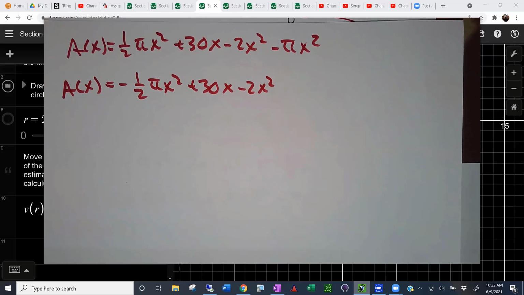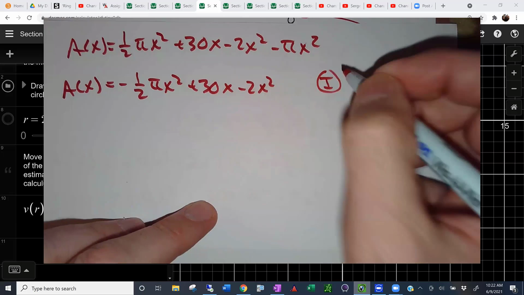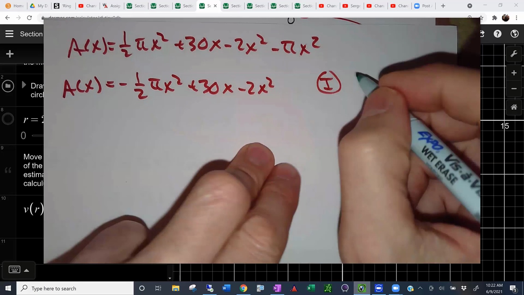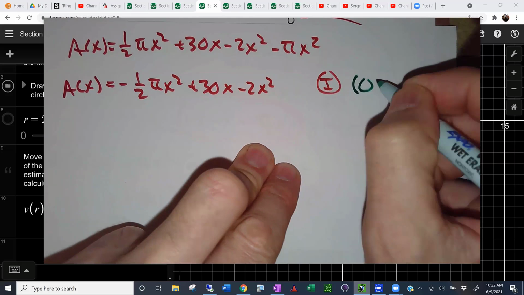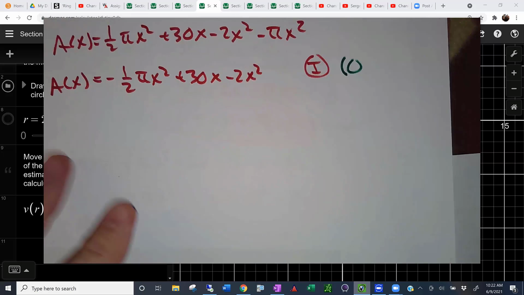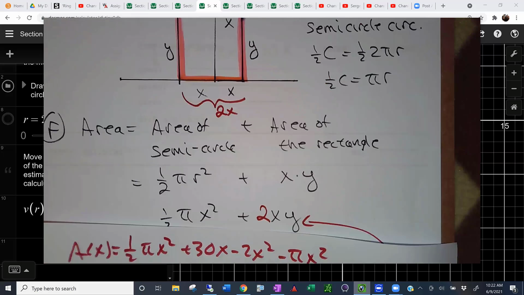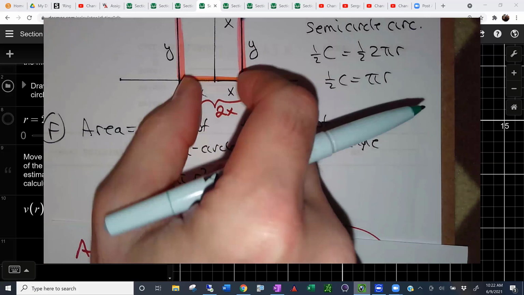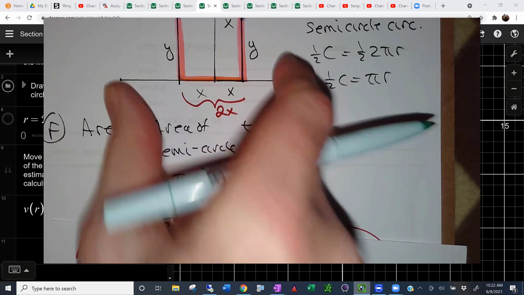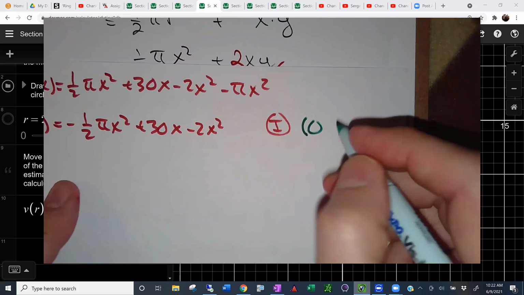Picture function interval. Now, I'm not going to spend too much time getting the most precise interval that I can. Obviously, you don't want to let x go below 0. In fact, x can't even equal 0, otherwise you're not going to have any width to your window. And in as much as we got x this way and x this way, if 2 of those x's were equal to 30, that means x can't be more than 15.